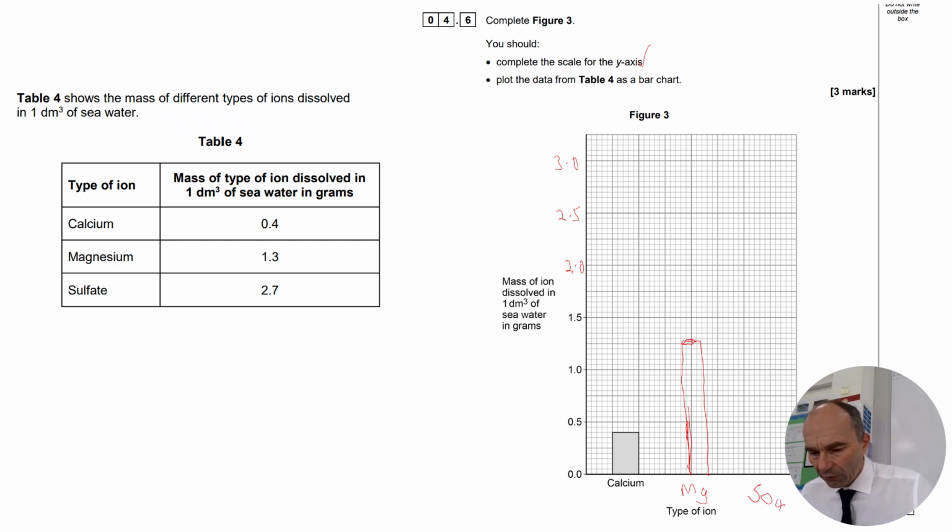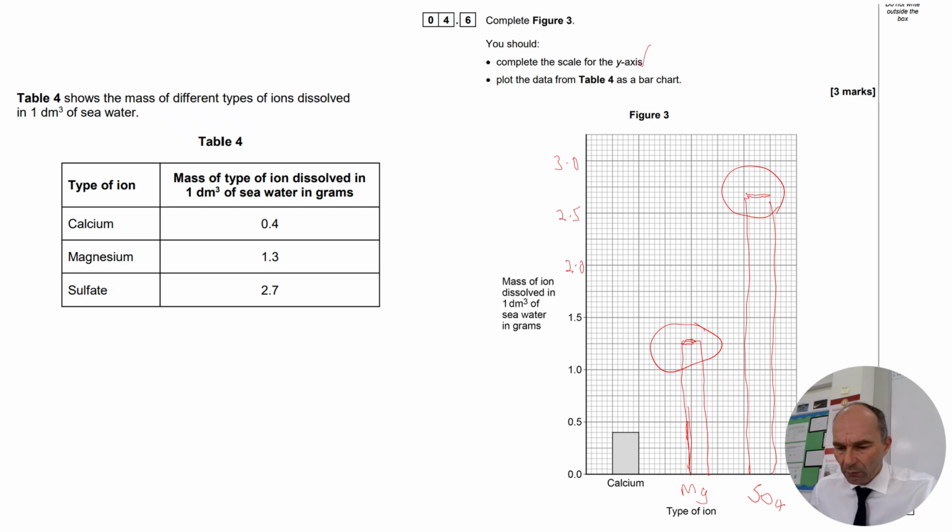That's going to go up to 2.7. So that is going to be one little square from the half, and again you've got your column drawn in there. Now it's important that you are accurate with how high your bar actually goes. There's a tolerance of plus or minus half a square. So, make sure you are working precisely when you do this.